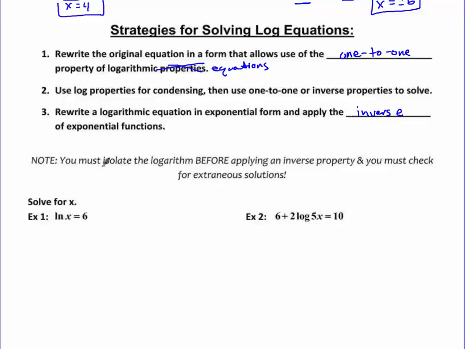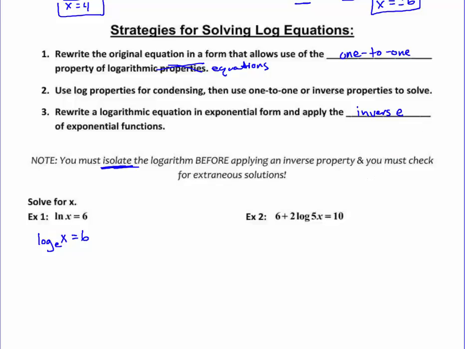And remember, you have to isolate the logarithms before we do anything. So in this one, we don't have a problem really, but in the next one, you'll see that we do have a problem. So the natural log of x, well, that is log base e of x equals 6. Okay, natural log and log base e mean the same exact thing. Natural log is just the way that we write it.